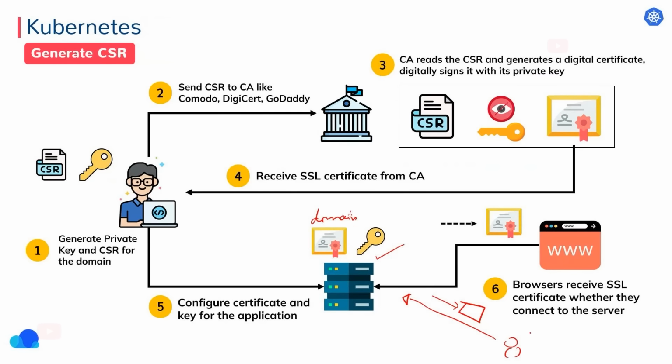This domain certificate is validated by the browser, because the browser has all the CAs' certificates or public keys. Once the browser validates that your domain certificate is signed by a trusted CA, your browser will share a session key with the server. Now both server and client will talk over HTTPS. Clear, guys? Understood? So this is the only method.